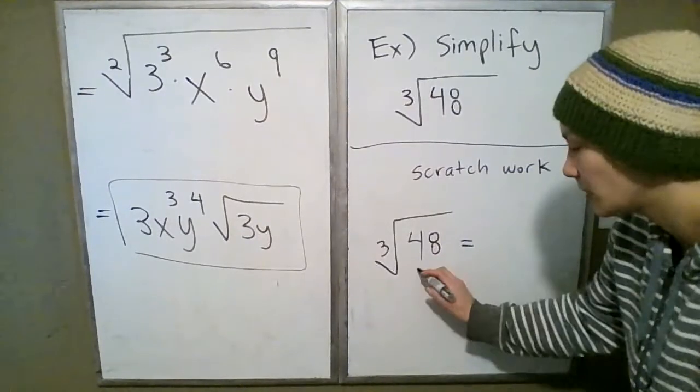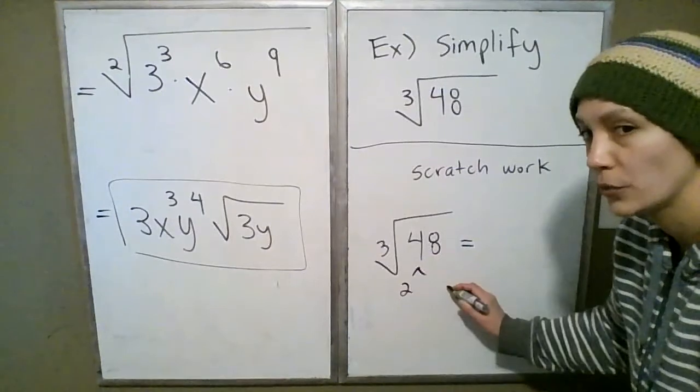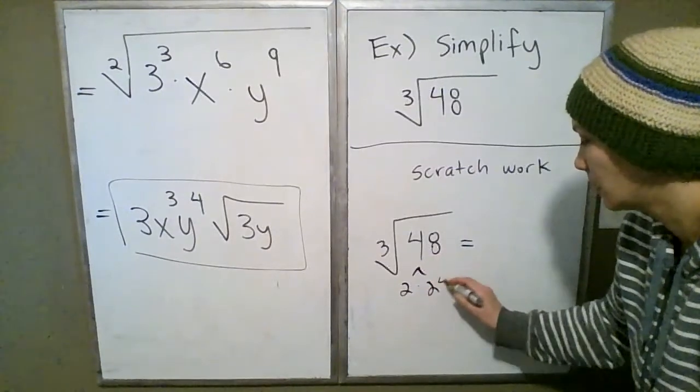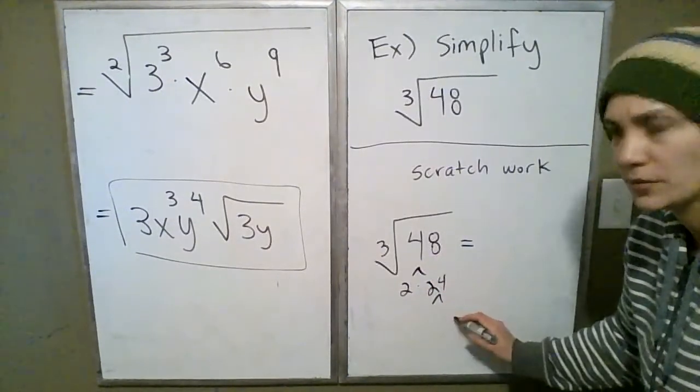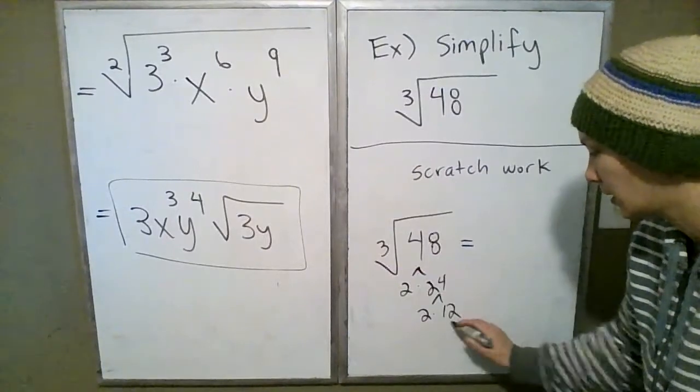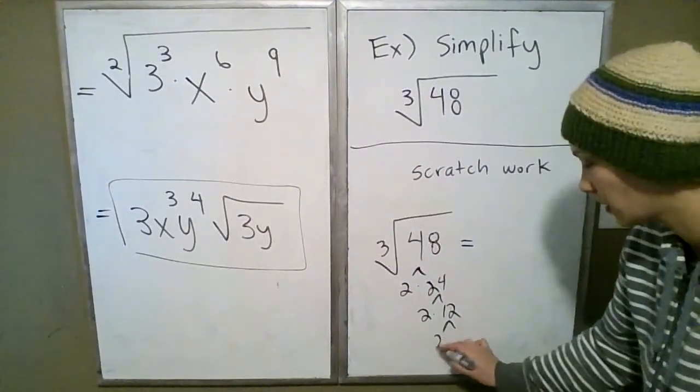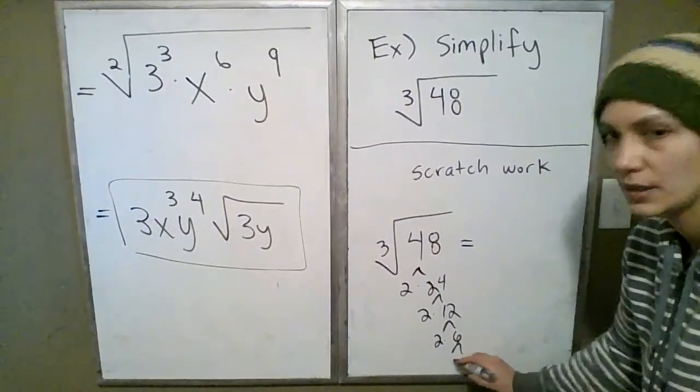It's even, so we'll have 2 times 24, which is 2 times 12, which is 2 times 6, which is 2 times 3.